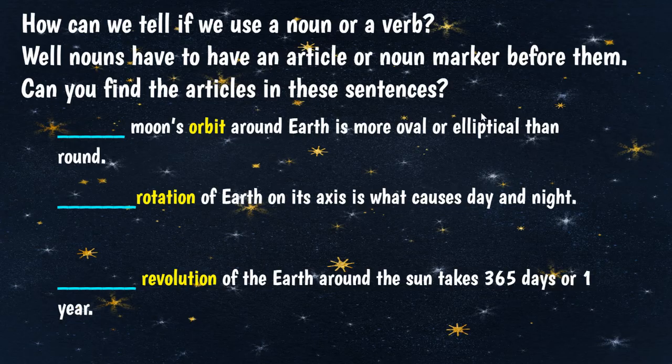Blank revolution of the Earth around the Sun takes 365 days or 1 year. What word, which is the article, is missing from those sentences? You can do it. Yes, all of these. In this case, sometimes it's the, and all of those are articles, but the before the noun. That's how you can tell whether it's a noun or a verb being used, and that's how you can tell whether you need to use that.